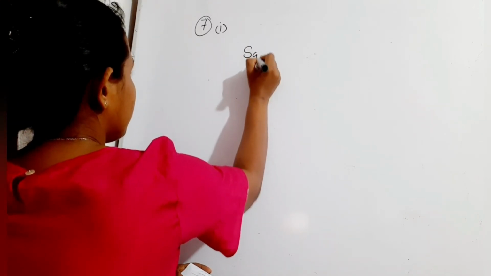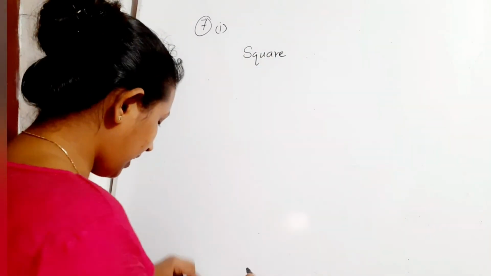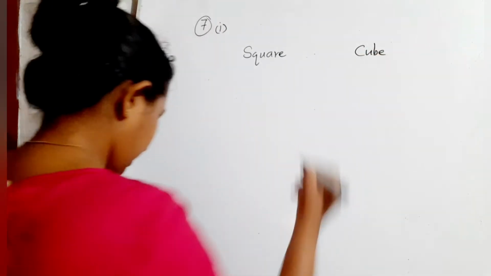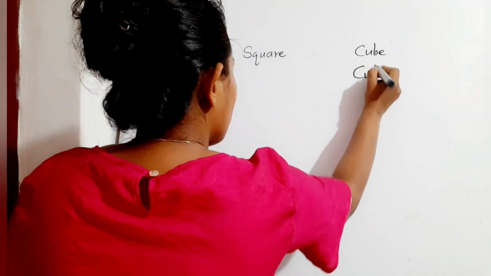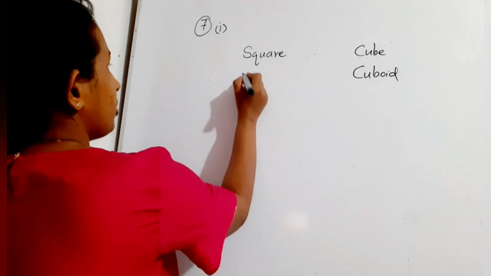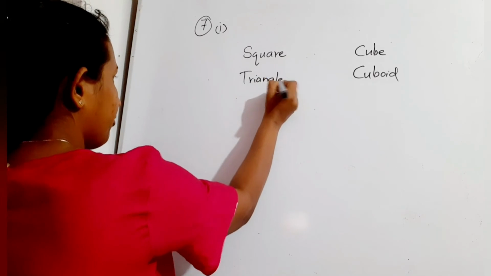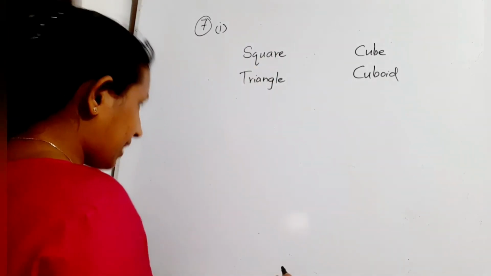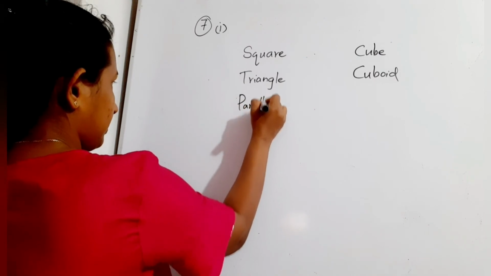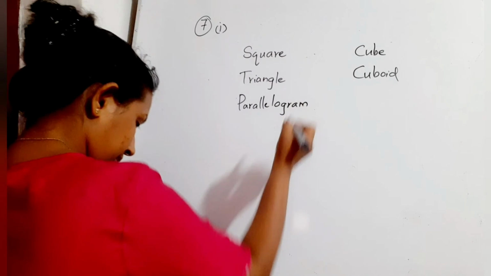Square is a rectilinear plane figure. Cube is a solid. Cuboid is also a solid. Triangle is a rectilinear plane figure. Parallelogram is also a rectilinear plane figure.